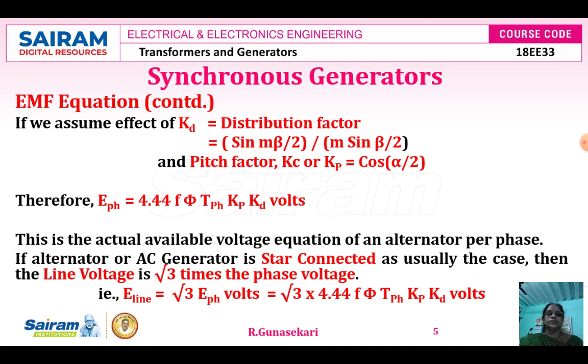Suppose the AC generator, alternator or synchronous generator is star connected, then the line voltage is equal to root 3 times the phase voltage. So E line is equal to root 3 E phase, and the formula is root 3 into 4.44 f phi T phase Kp Kd volts. This is for the star connected generator. If delta connected, the line voltage is equal to the phase voltage, which is 4.44 f phi T phase Kp Kd.